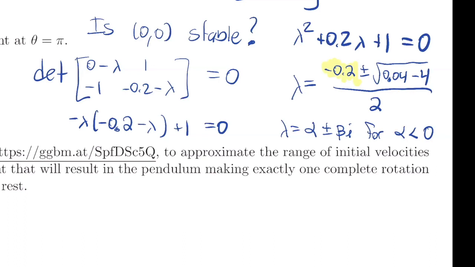So we have a complex root with a negative real part, which means we should have a spiral sink. Which is exactly what we first drew on the first page.